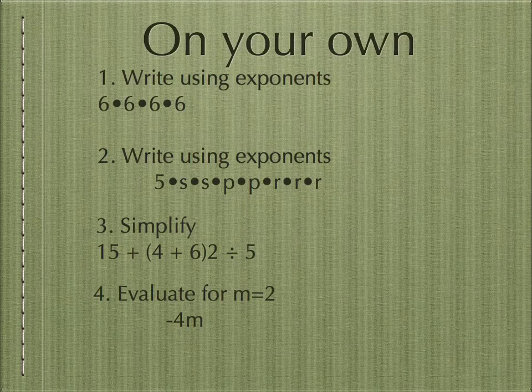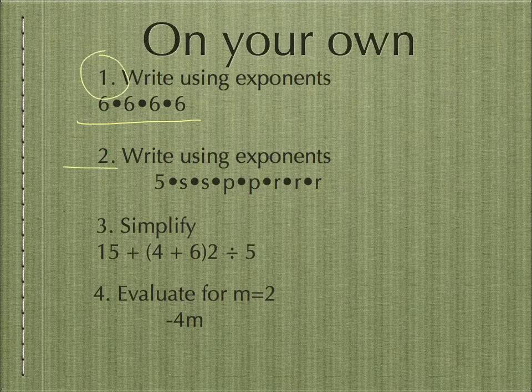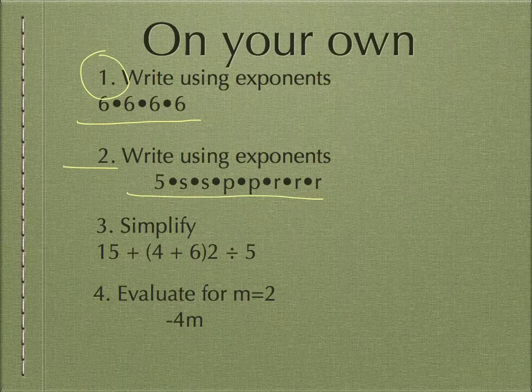Now I'd like for you to try these on your own. Number 1, you are going to write the problem and then write it using exponents. Number 2, again, copy this down first, then write it below using exponents. Number 3, copy this problem first and use your upside down triangle to solve.